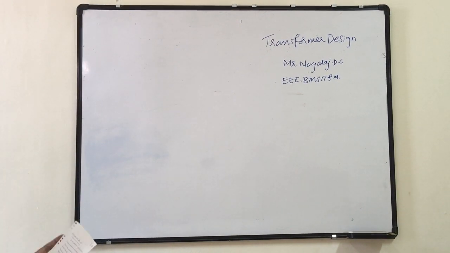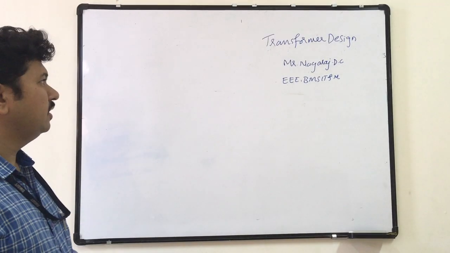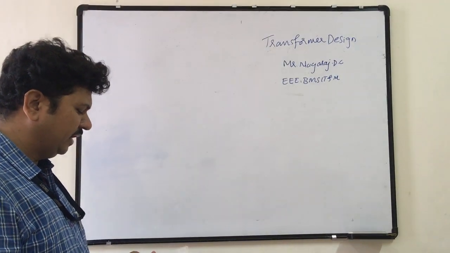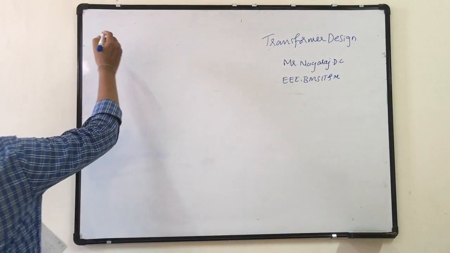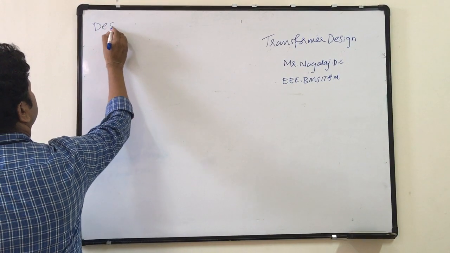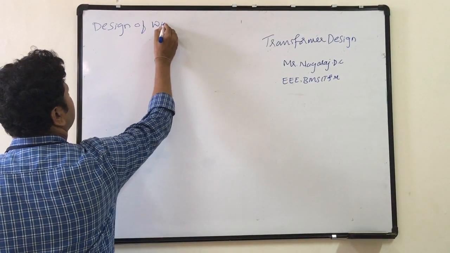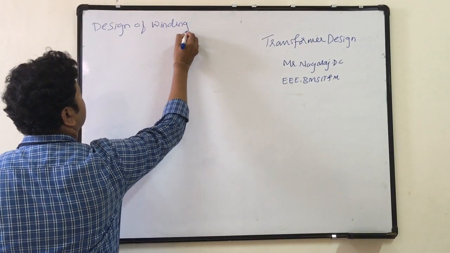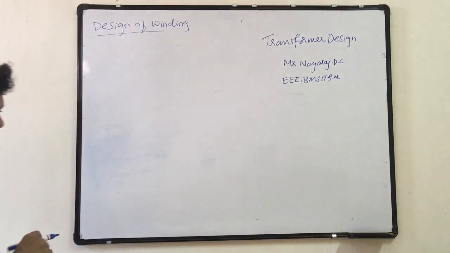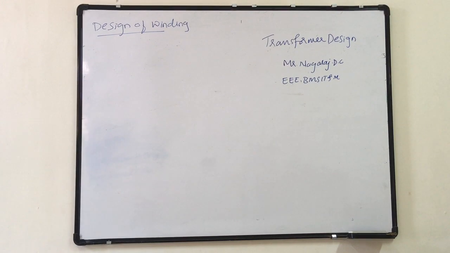Today we will move into design of winding. Design of winding in the sense: number of turns in primary and secondary, area of conductor in primary and secondary.